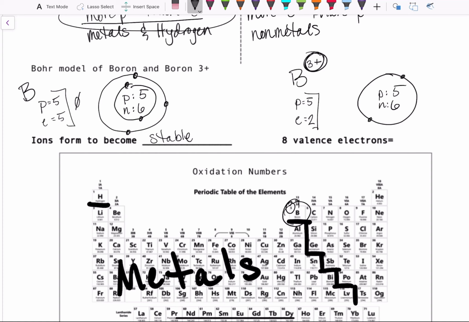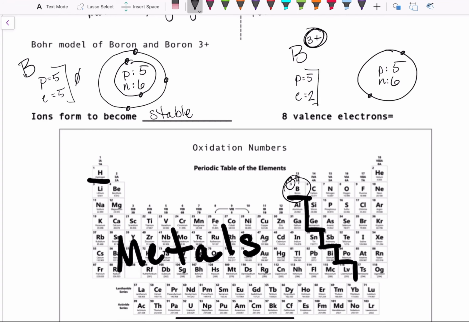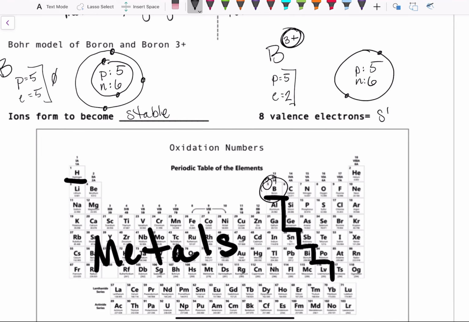And you're going, well, wait a second. The boron example you just showed us doesn't do that. It only has 2 valence electrons. I know, hang on just a second, I'll explain that. But for the most part, all of our elements want 8 valence electrons, because 8 valence electrons means you have a stable atom.